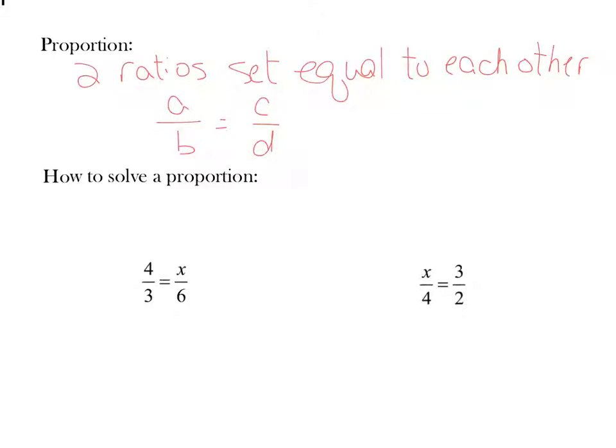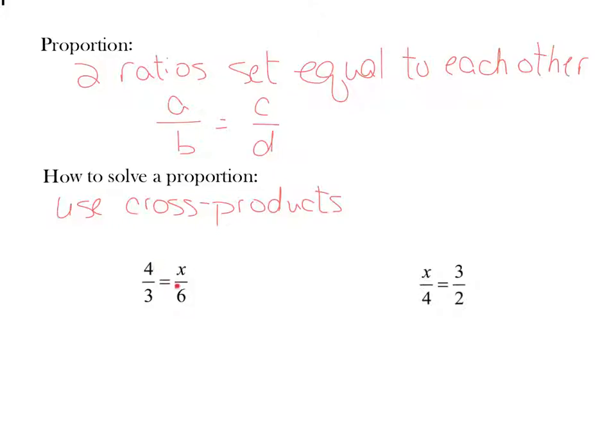A over B equals C over D. And the way that we solve a proportion, we use cross products. Sometimes the solution to a proportion is pretty evident and you don't have to use cross products, but a cross product will work for every proportion.